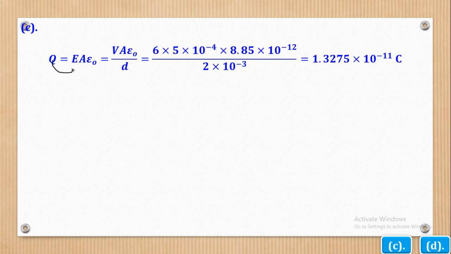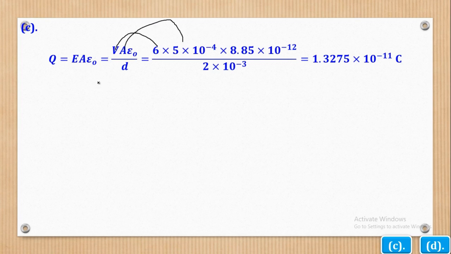So charge will be equal to electric field intensity multiplied by the cross-sectional area of the plates and multiplied by the permittivity of free space. And we know that this electric field intensity is equal to V over D, where V is the PD and D is the separation of the plates. Then the permittivity of free space is a constant, it is here, and this is the PD, and this is the area.